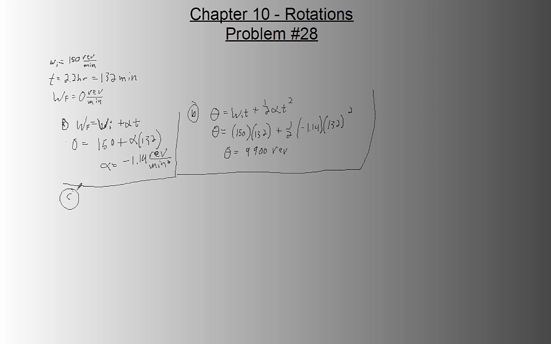Part C wants us to find, at the instant the flywheel is going 75 revs per minute, meaning it's slowed down from 150 to 75, what is the tangential component of the linear acceleration?